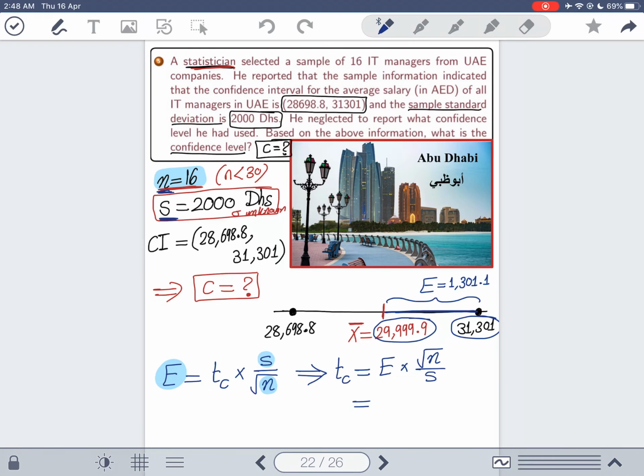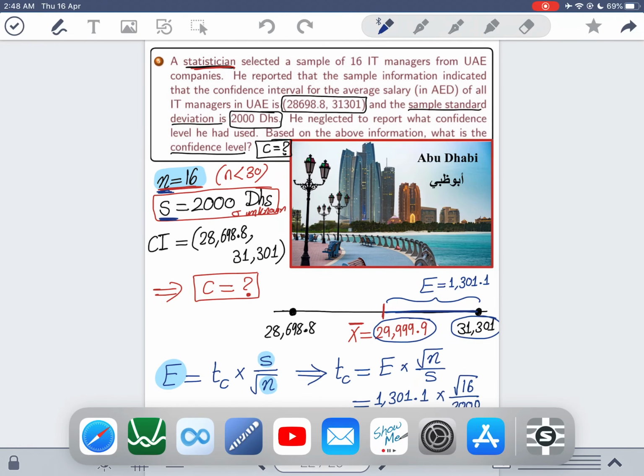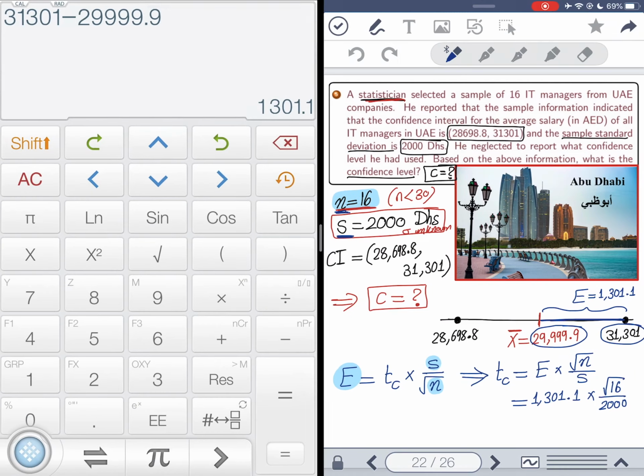So e is 1,301.1 times radical n, which is 16, divided by s, which is 2,000. Radical 16 is 4, of course, we know this. We need the calculator to find this t.